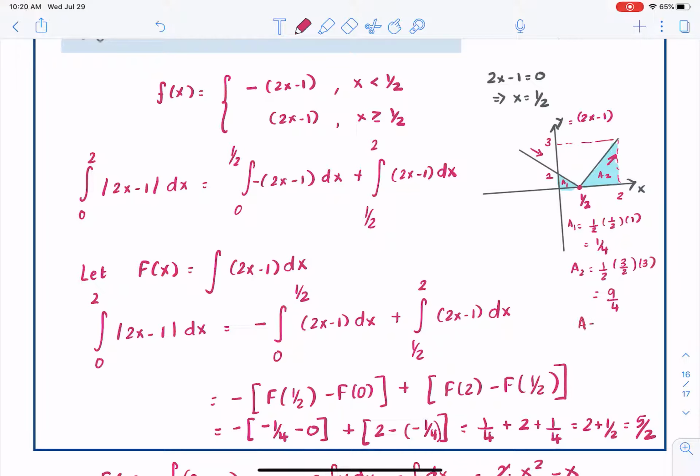So the total area under the curve is our integral, a1 plus a2, which is 1 over 4 plus 9 over 4. You get 5 over 2.